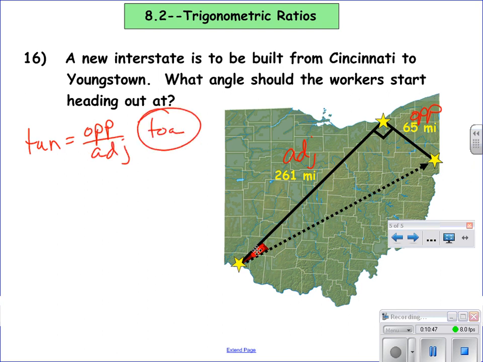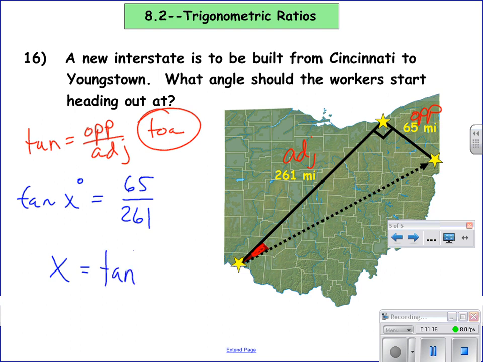TOA must be what I'm using. Okay, but in this case, I'm going to do it a little differently. I'm going to say the tangent of some unknown angle, x degrees, is the opposite over the adjacent.